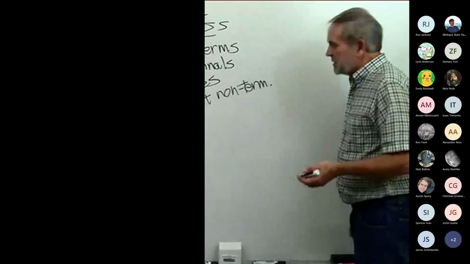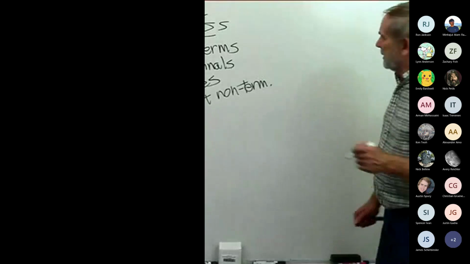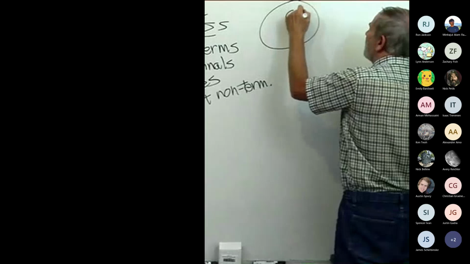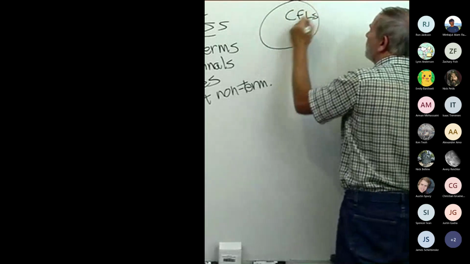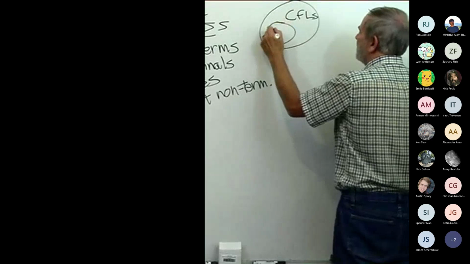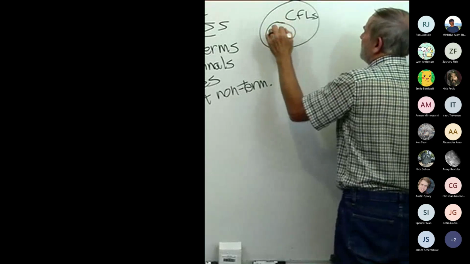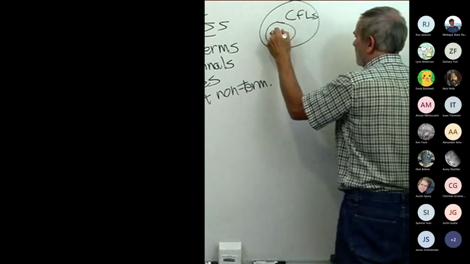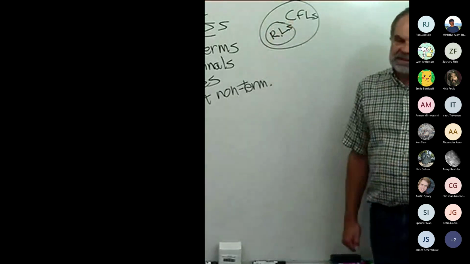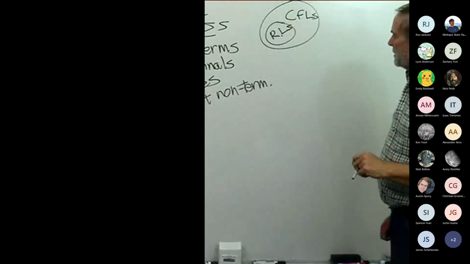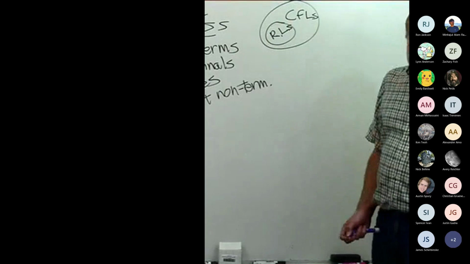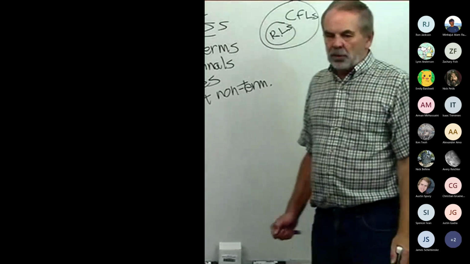And there are certainly limitations to what you can do with context-free languages, but a drawing of a Venn diagram is worth keeping in mind. Regular languages are a subset of the context-free languages. And we showed last time how you could do repetition.